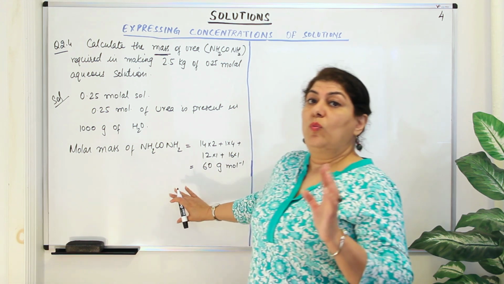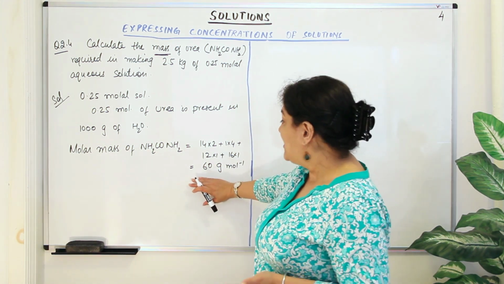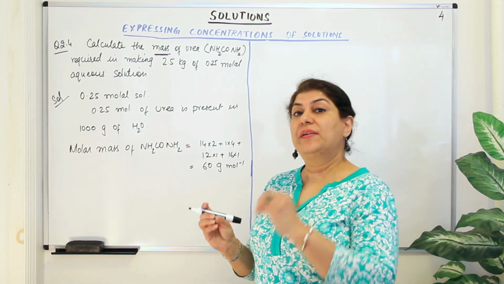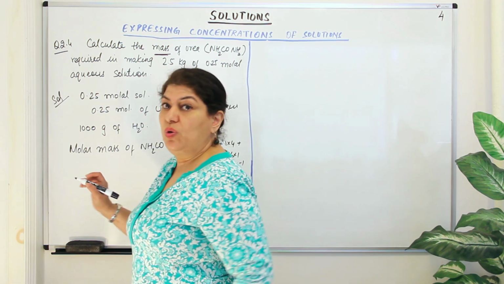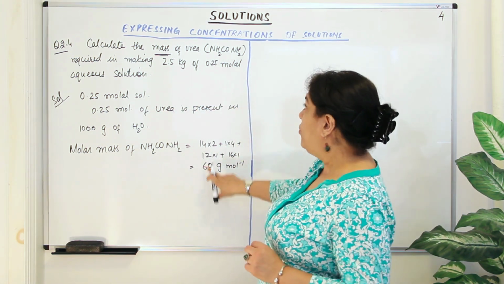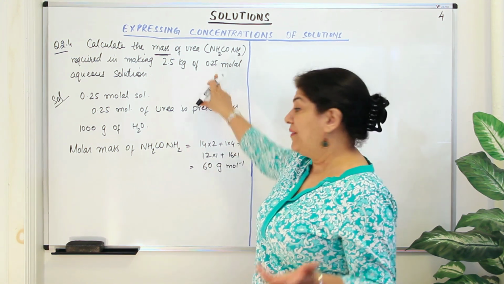Now, if you had 1 molar solution, it would mean that you have 60 grams of urea in 1000 grams of water. So 0.25, if 1 mole is 60 grams, then how many grams is 0.25 mole?